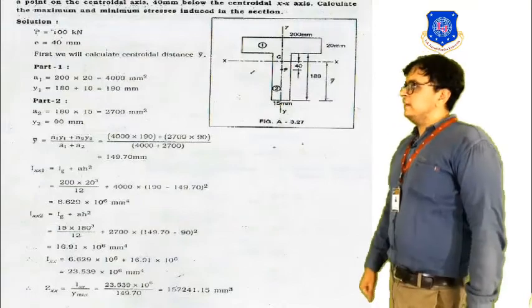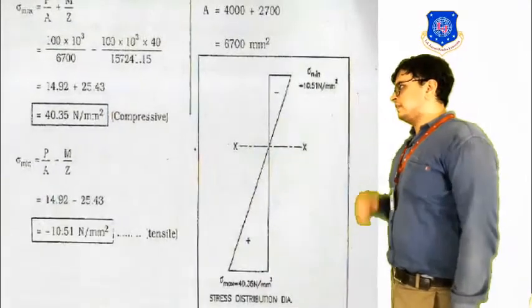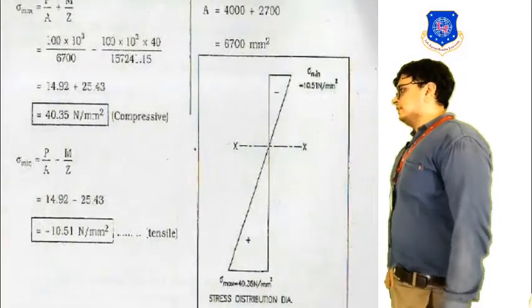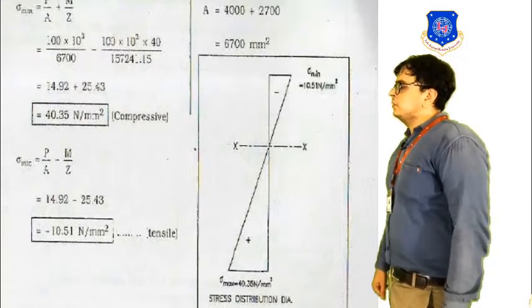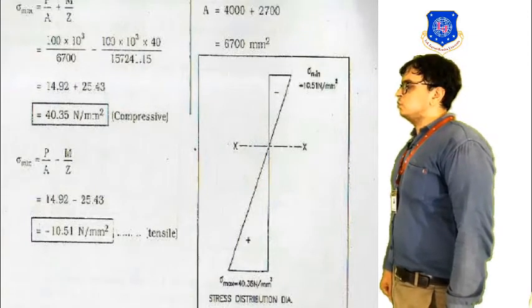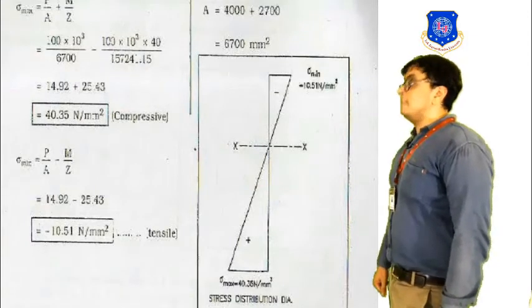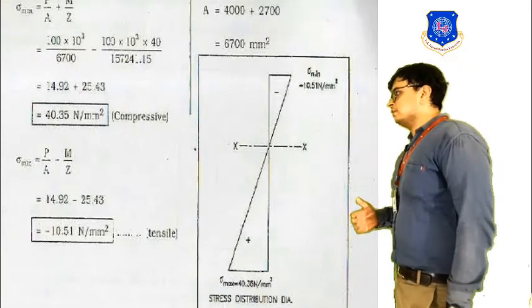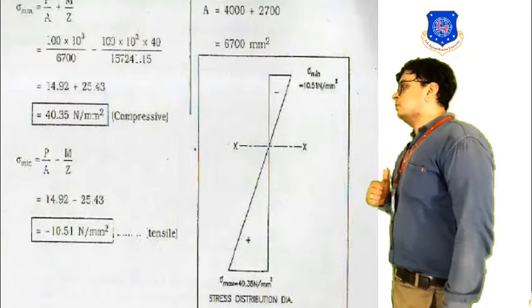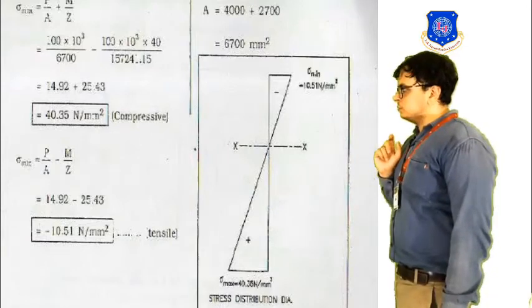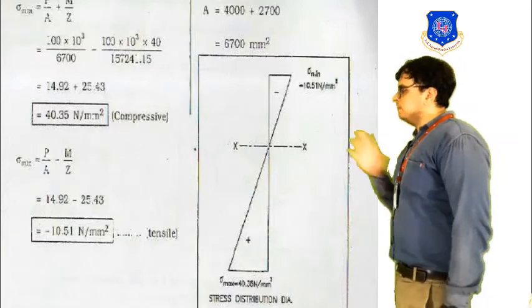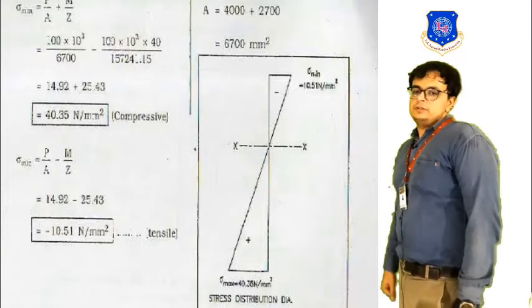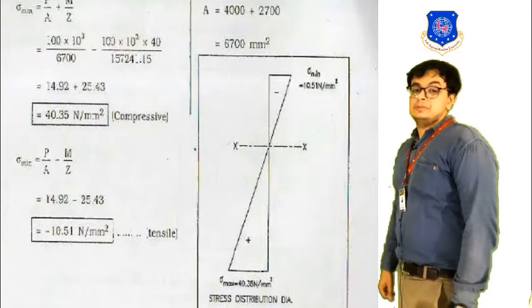After that, the next step, I think step number 6, is the maximum stress, that is equal to P by A plus M by Z. And the last second step, the 8th step, is the minimum stress, and finally you have to draw the diagram. So this is what we have.